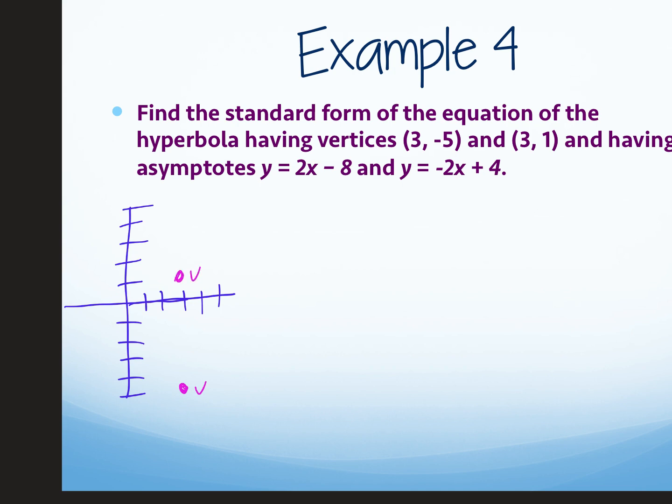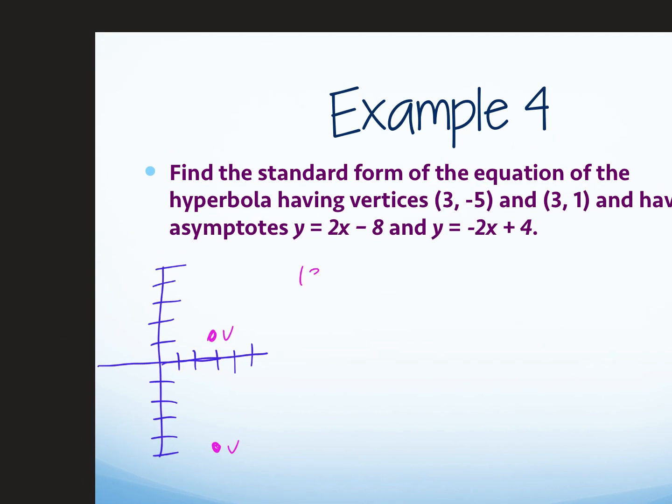All right, so I have to write my equation. To write my equation, I know I have to have the center, an A value, and a B value. If I have two vertices, how do I find the center? The midpoint. My two vertices are at 3, -5 and 3, 1, so the midpoint of those two will be my center.